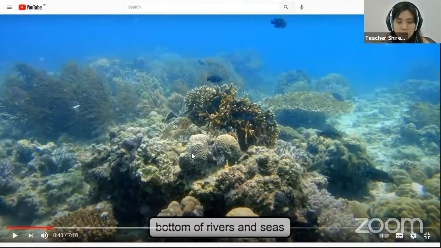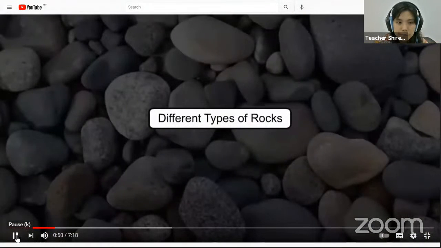So these corals, some of it is a dead plant, some of it is actually rocks. It's all combined, so you can't really tell which is rocks, which is corals, which is living plants or a dead plant. Now, let us look at the different types of rocks.